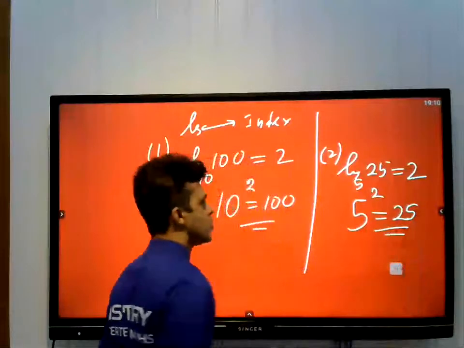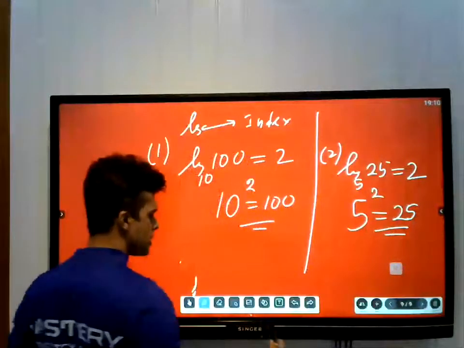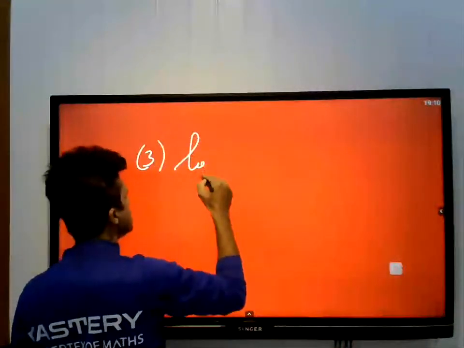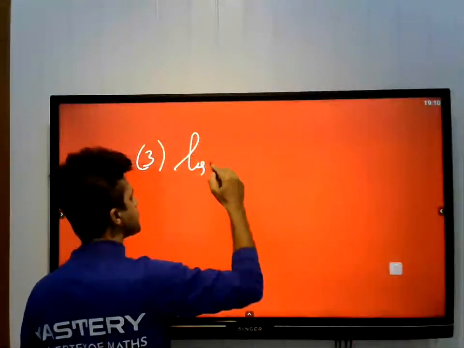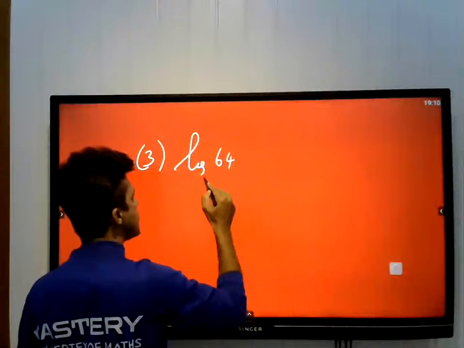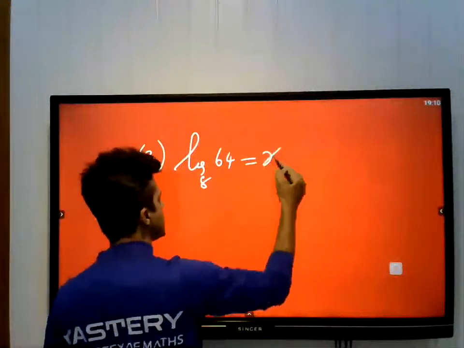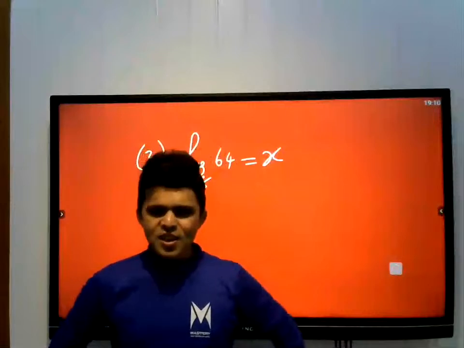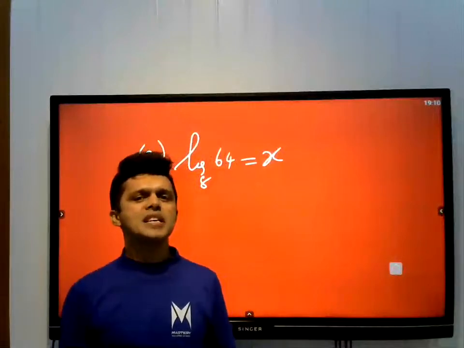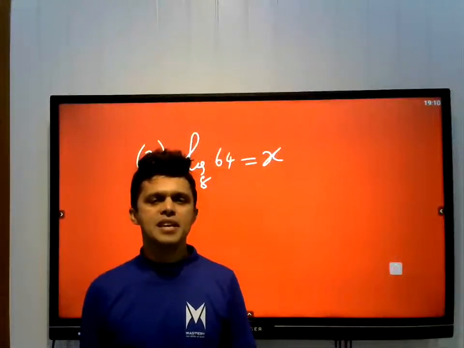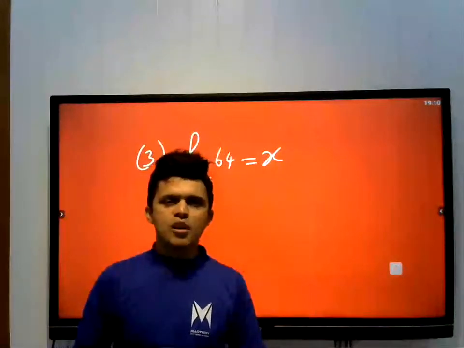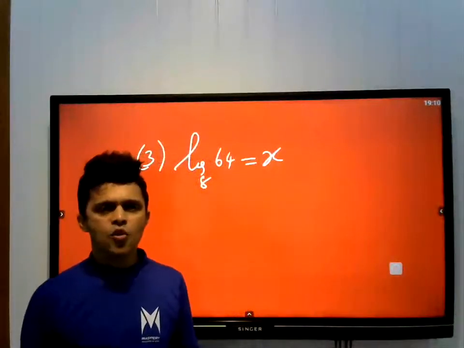How can I do this third type? Log 64 to base 8 equals x. You have to get the value of x here. How do you write this from logarithmic form in index form?